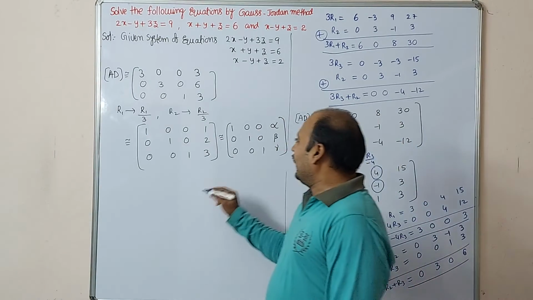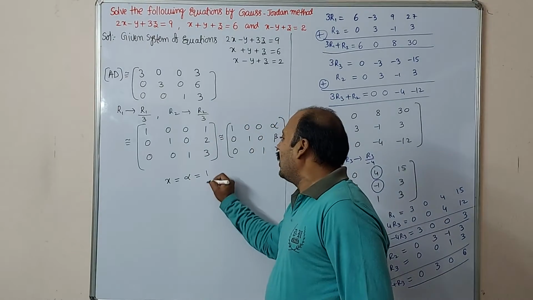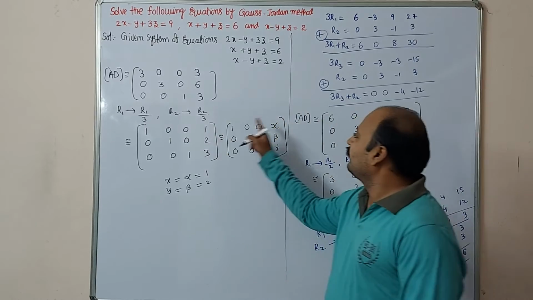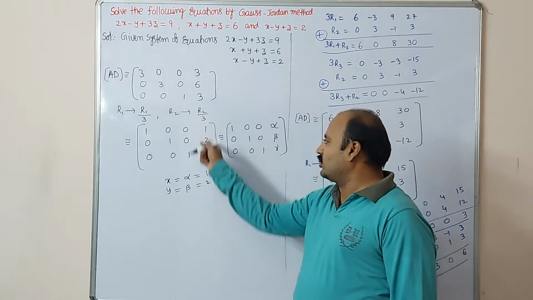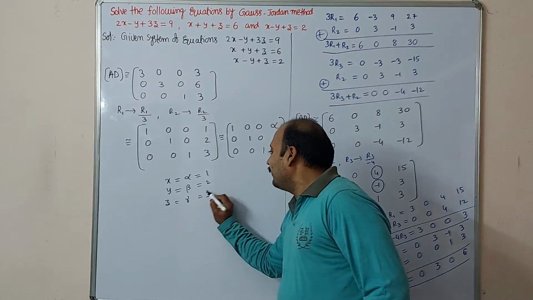So by comparing, we know that x is equal to alpha, which is equal to 1. Y is equal to beta, that is equal to 2. Comparing the fourth column, Z is equal to gamma, which is equal to 3.